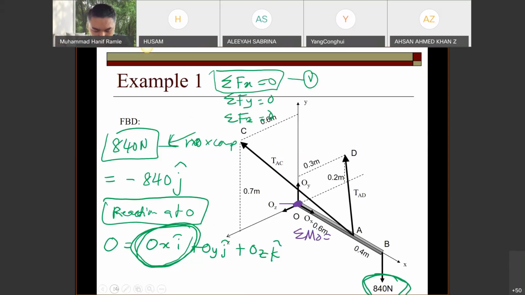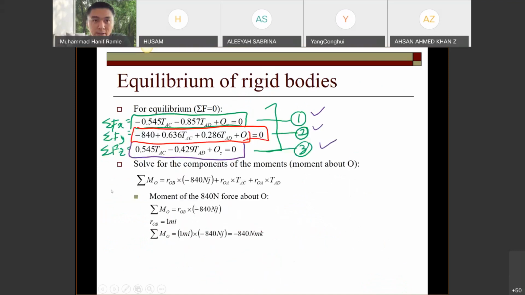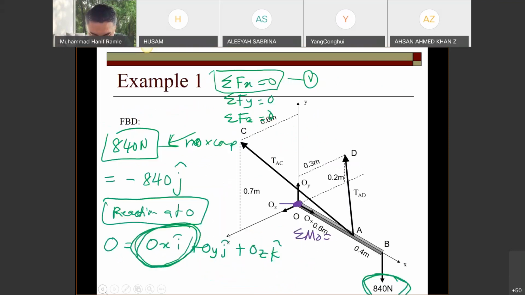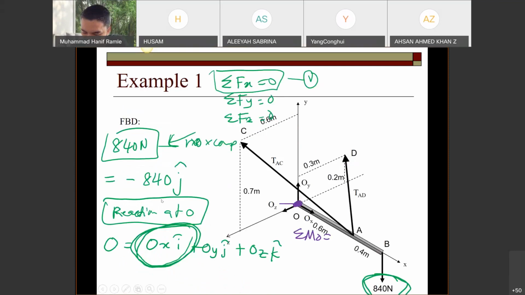Basically, you already know how to calculate moment in 3D. Just apply what you have learned before. Let me go back to the FBD. From this FBD, you will use three forces.